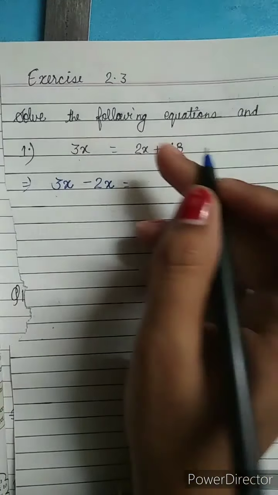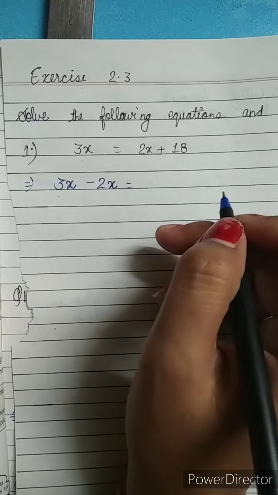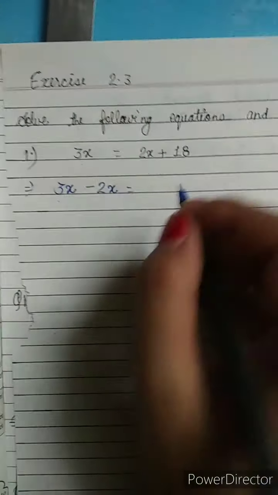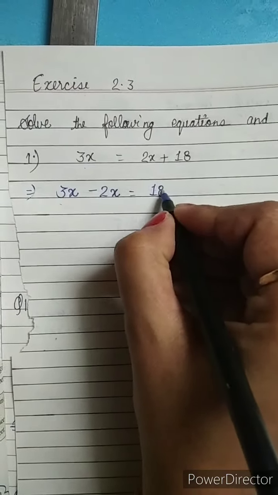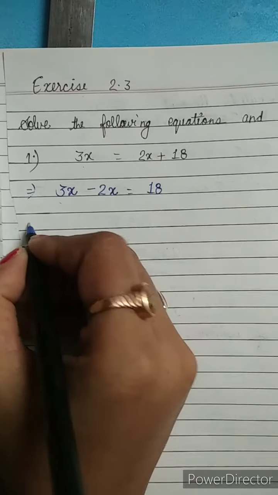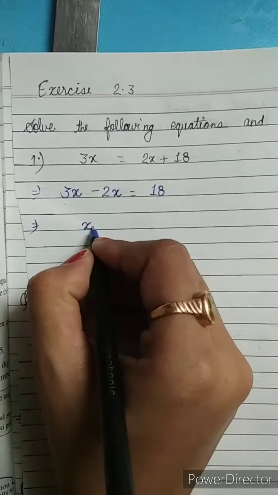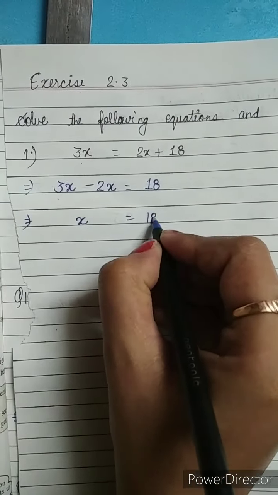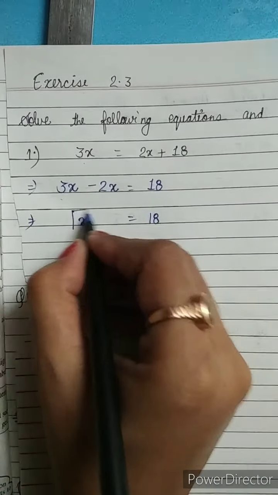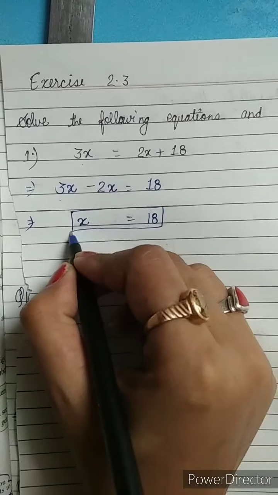Now we have already taken 2x to the other side, so only 18 will remain here. Now 3x minus 2x is only 1x, that is 18. Now we have the x value as 18.